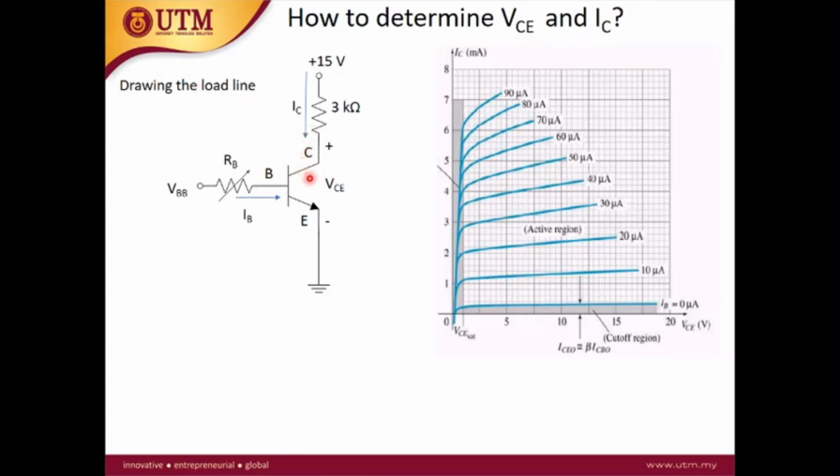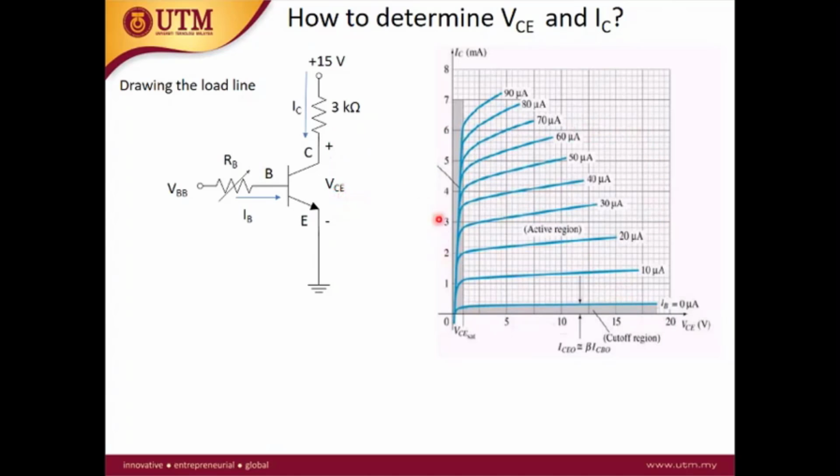This concept of load line was discussed in the diode chapter, where we used the load line to get the diode voltage and diode current. It is the same with the BJT: we plot the load line, and from the load line we will get the IC and VCE.